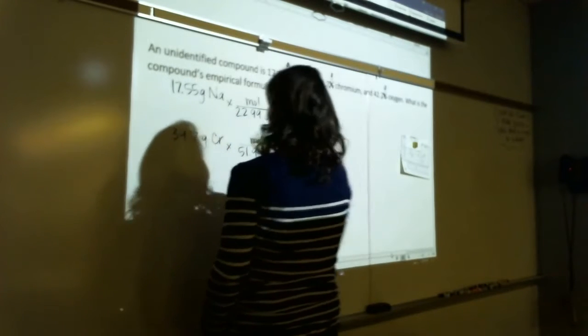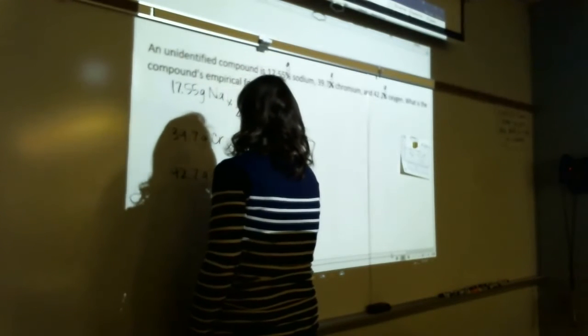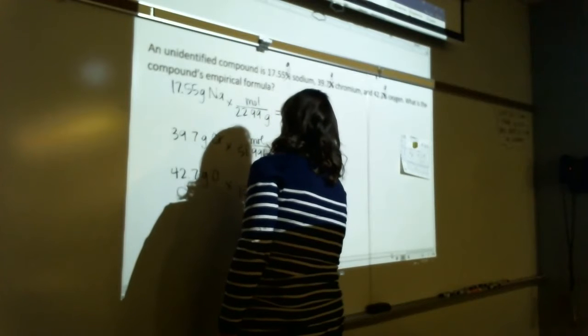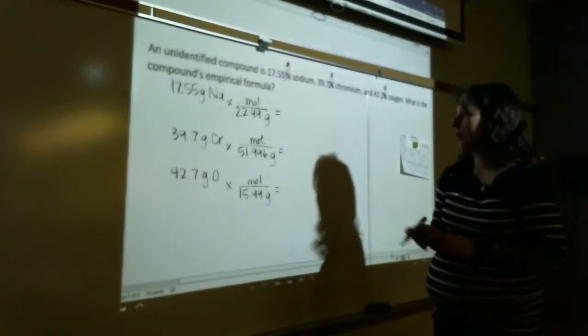And oxygen, 42.7, times 15.99 grams per mole.